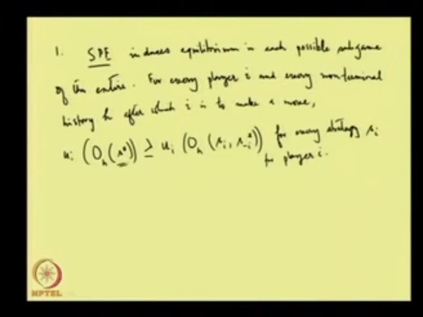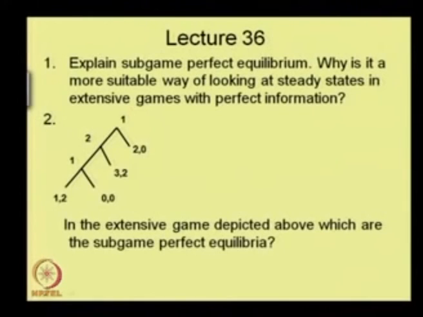There might be some subgame which is not reached by s star, but in those subgames also the strategies of players must be optimal. One example will make it more clear.